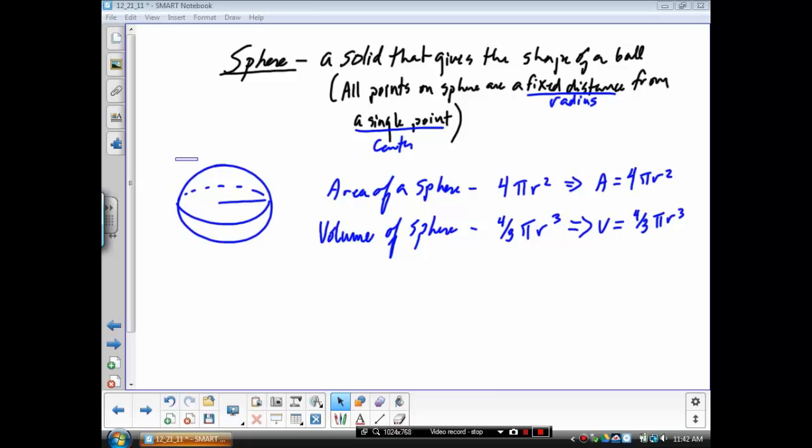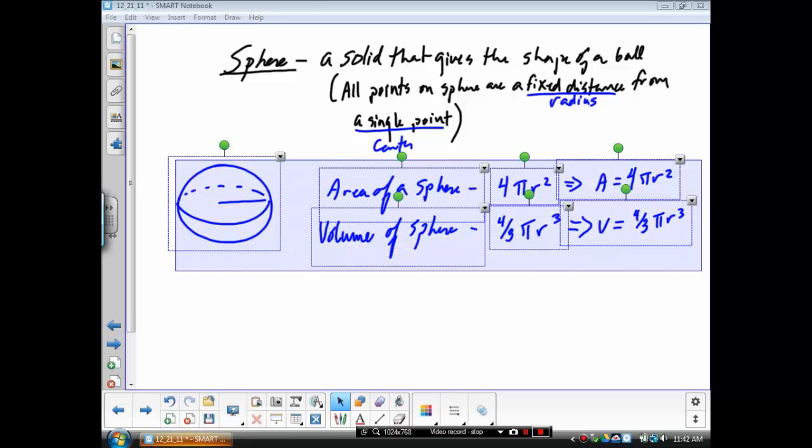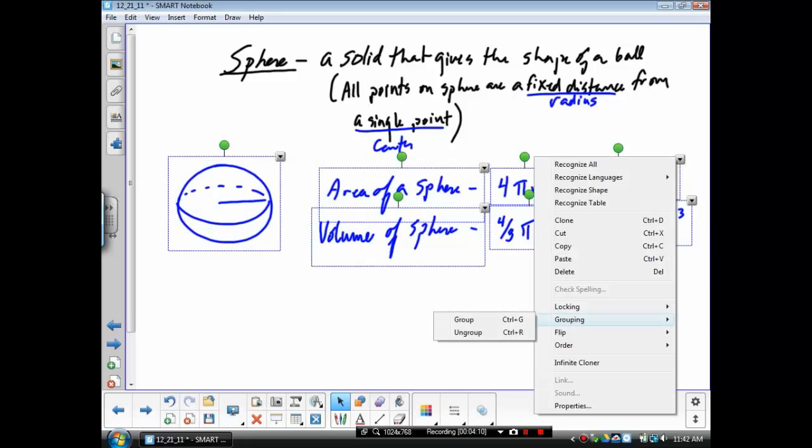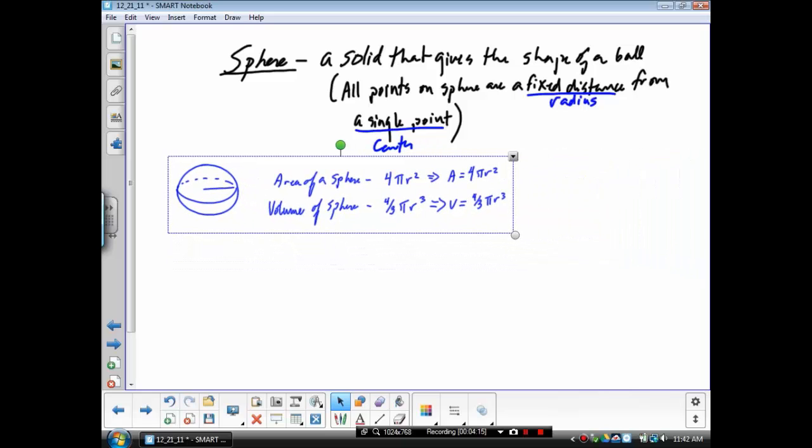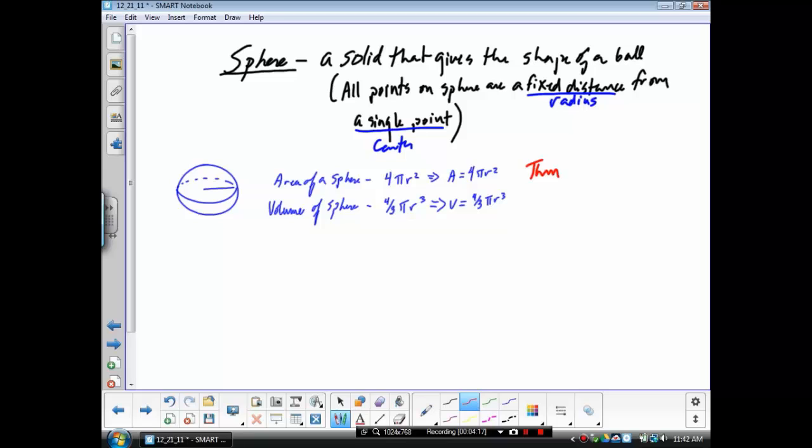Now, if we're talking about a sphere, then there's really only one unit of measure. That is the radius. But we can get a right triangle in a sphere, and here's where it comes from.